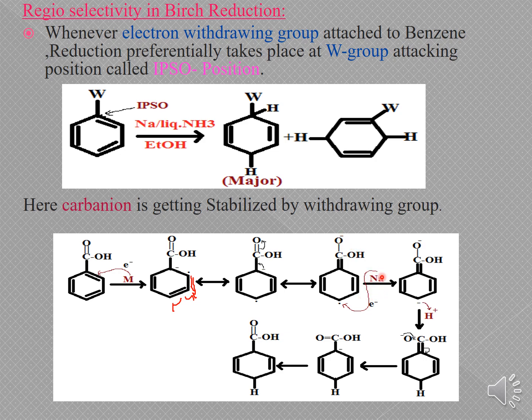After the formation of the charge, you are attacking with the metal, again sodium metal. When the sodium metal attacks by giving electrons towards the para position of your radical, that will make it a minus charge. That carbanion will again abstract the proton. Upon protonation you will gain the hydrogen atom over here.